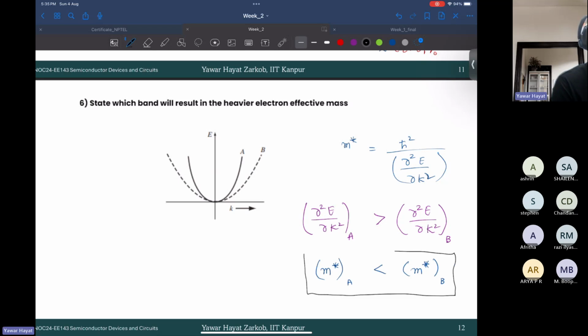This is your answer. Is this clear? Band A will have the lighter electron effective mass and band B will have the heavier electron effective mass. I hope it is.